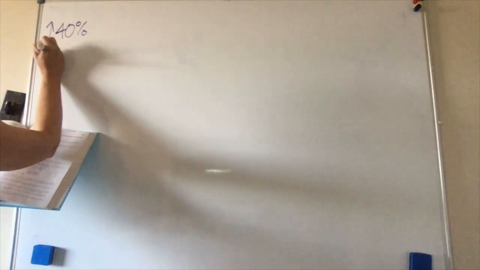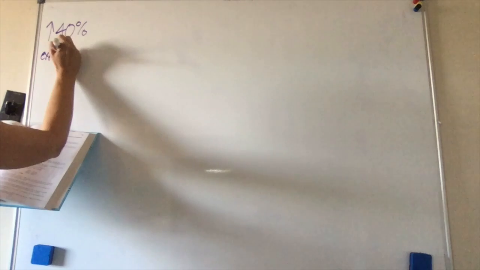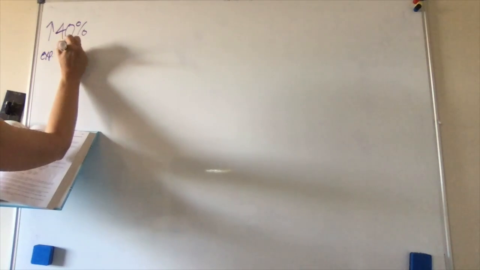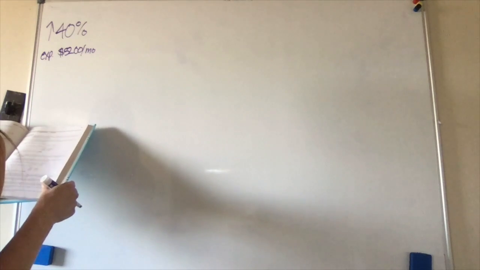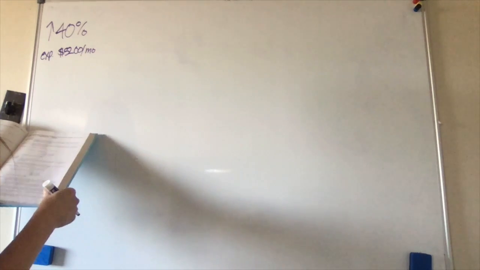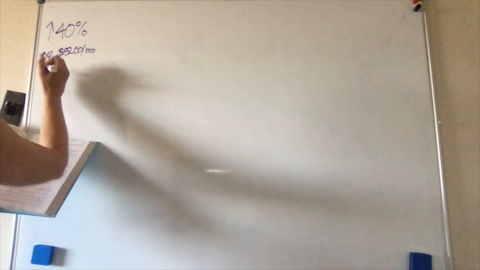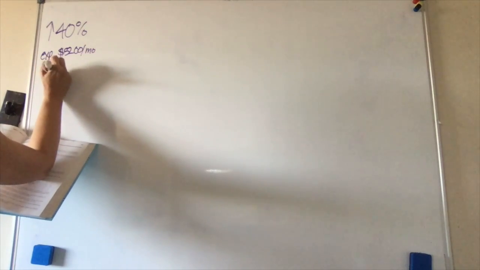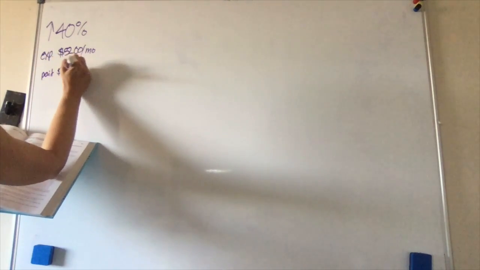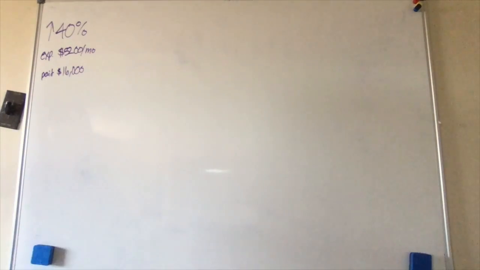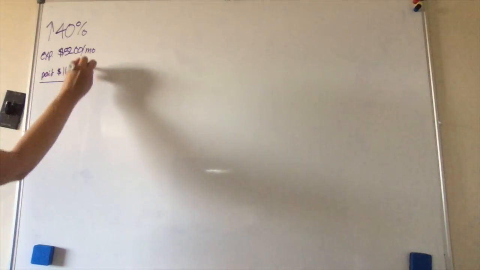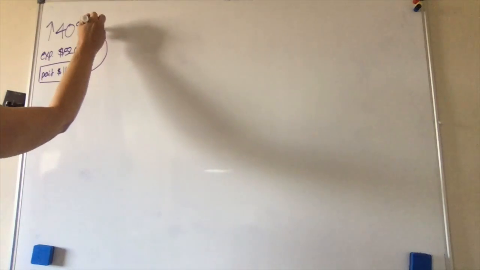Her expenses, I'm going to put EXP, are $5,200 a month. And she paid $16,000 for the goods that she sold in a month. So this is what she paid for the goods, but this is how much she marked it up.